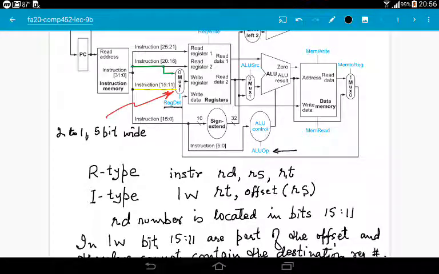So ALU source will be 0 for all R-type instructions, and it will be 1 for all I-type instructions.